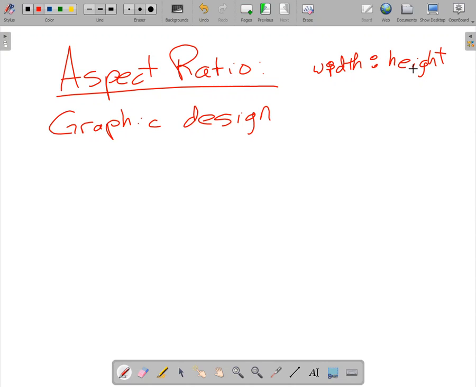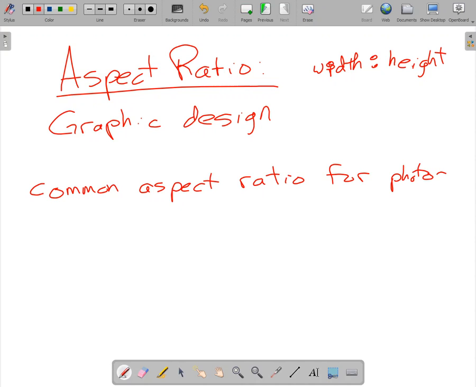Common aspect ratio for photos is 6 to 4.